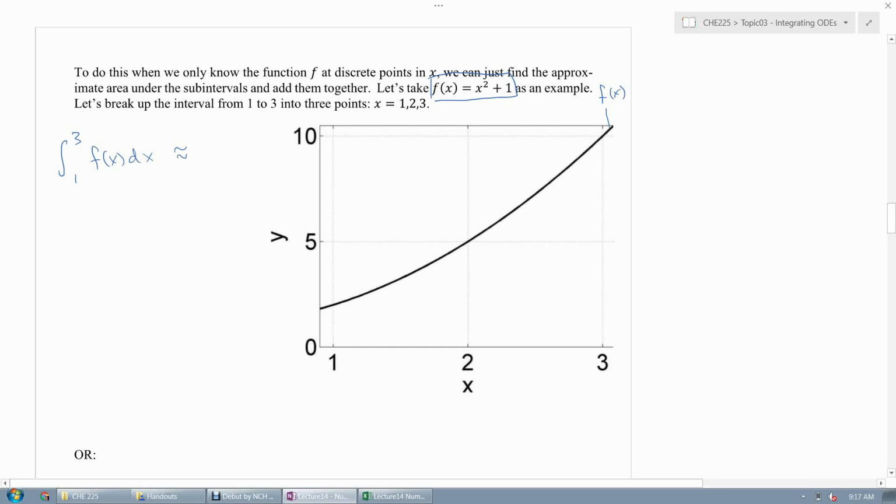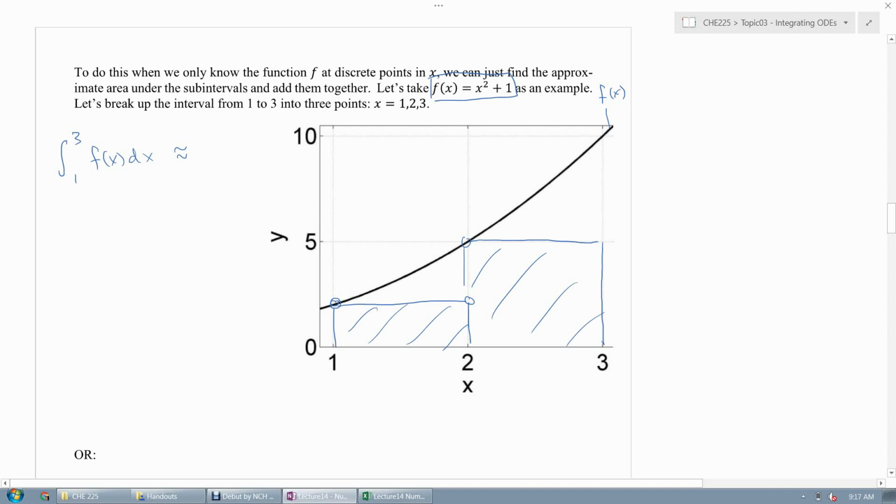So one thing that we can do is we can say, all right, well, here's a rectangle, and this is one area under the curve. Here's another rectangle, and here's another area under the curve. And we're just going to add those two together.